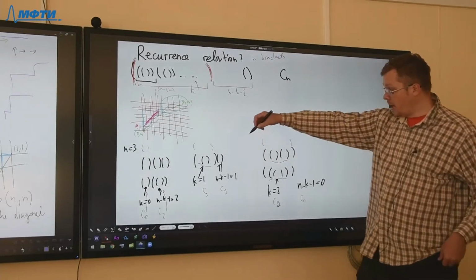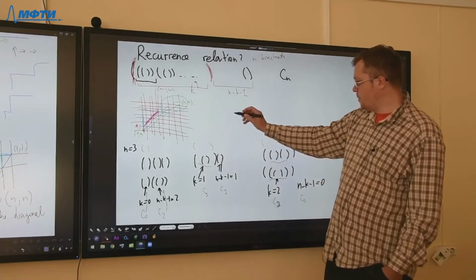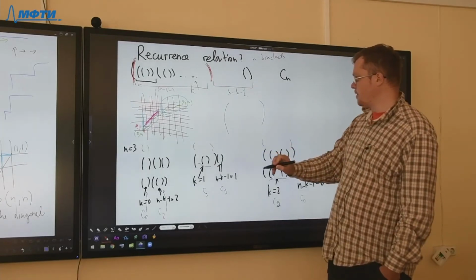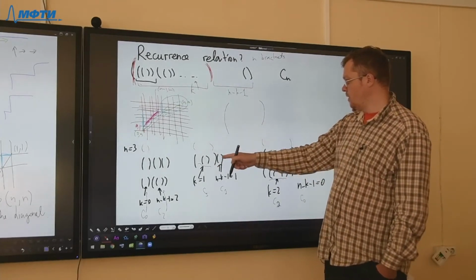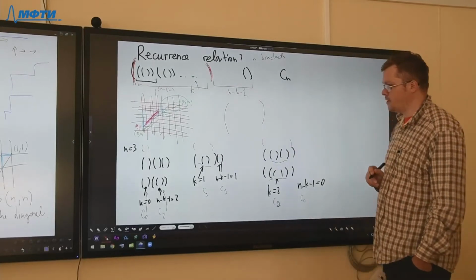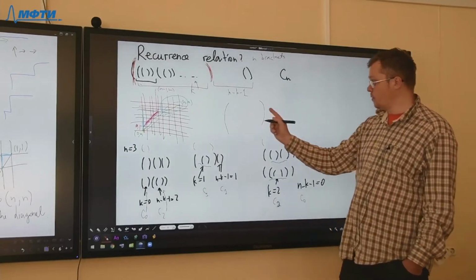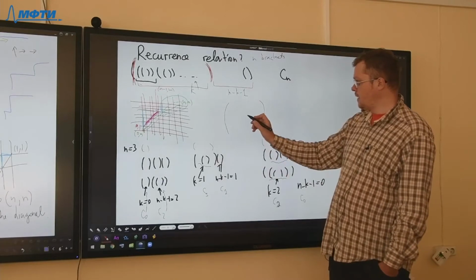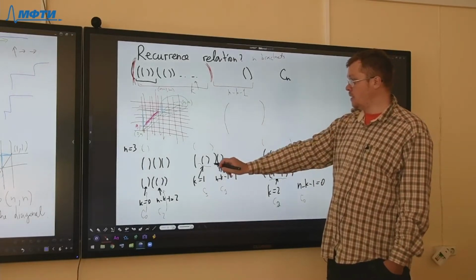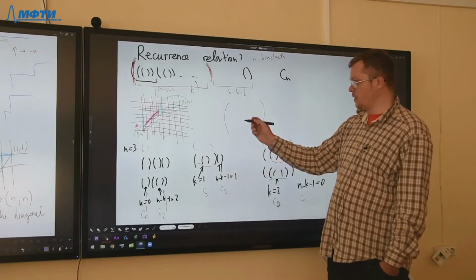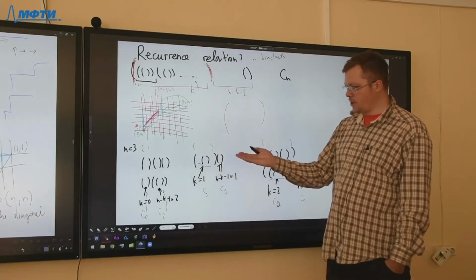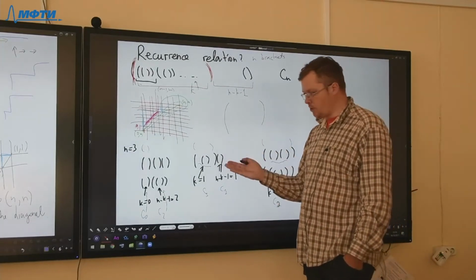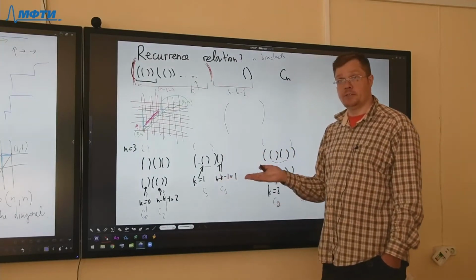Okay, so for example, in this type, I have one big bracket, the first open bracket and the corresponding closing bracket of the first one. Inside I have the sequences of two brackets. The number of sequences of two brackets with correct positioning is C1 by definition.